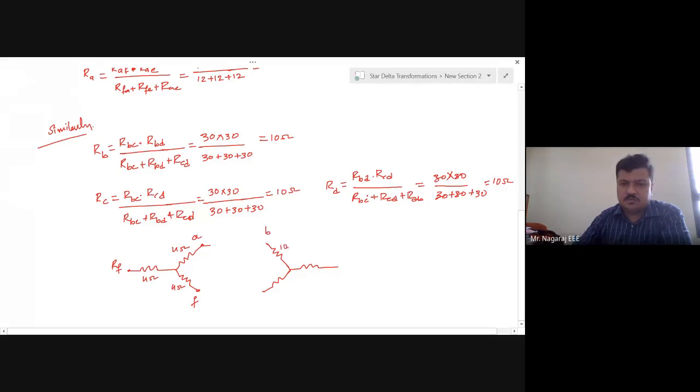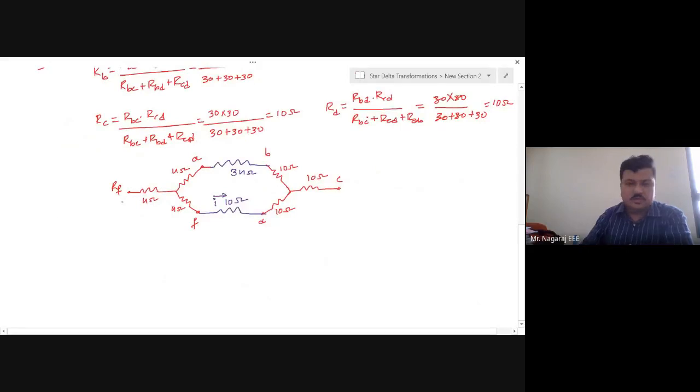This is B 10 ohm, this is C 10 ohm, and this is D 10 ohm. Okay. And I will keep this original in the same color, just to recognize. That's it. 34 ohms and 10 ohms. So this is the current where I want to find. Then remaining circuit will remain same.